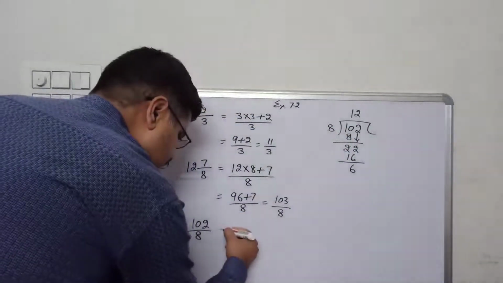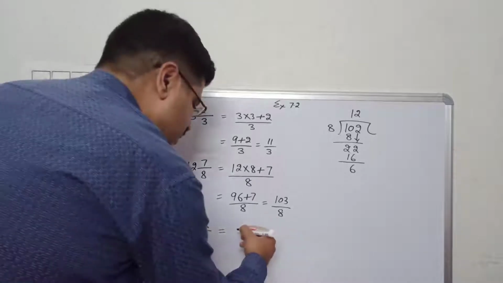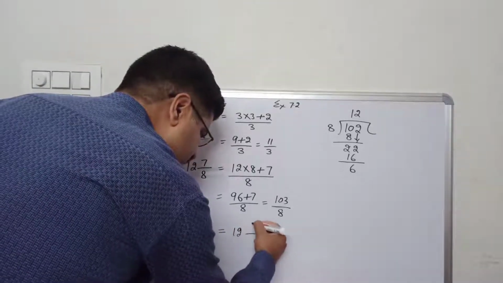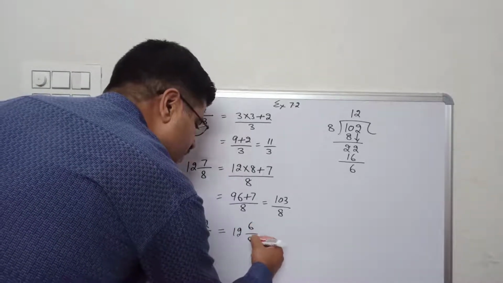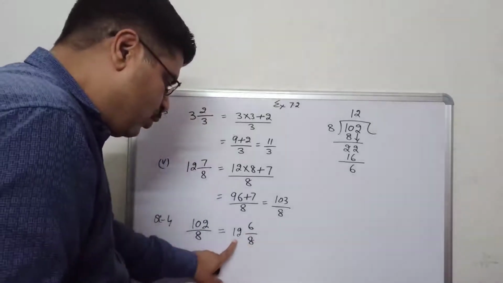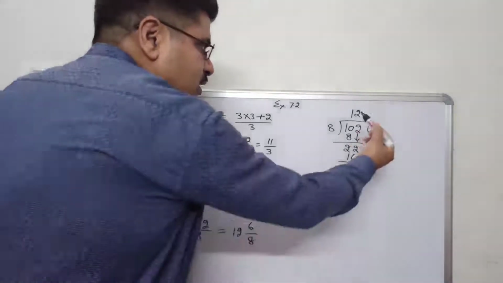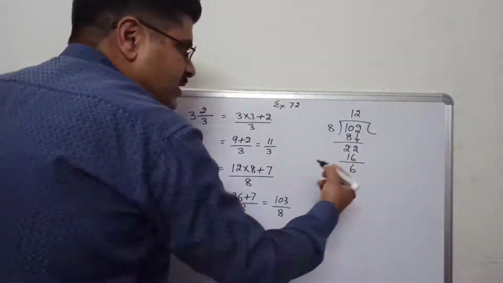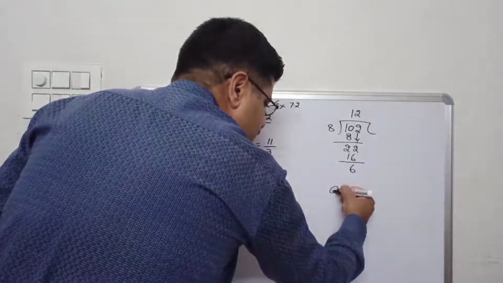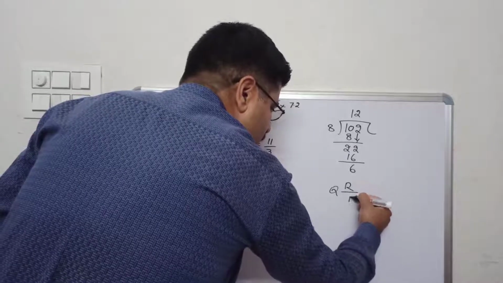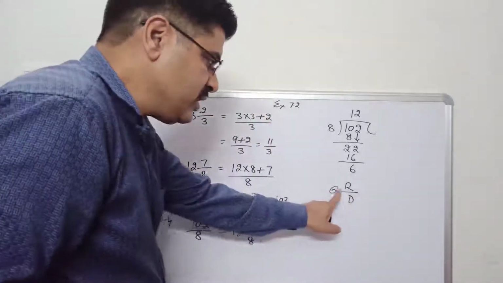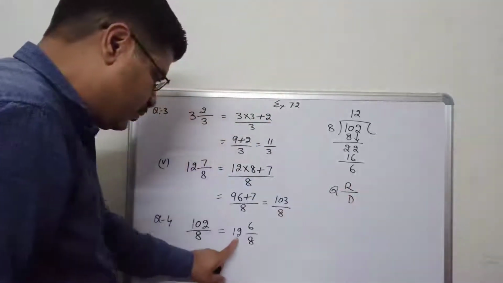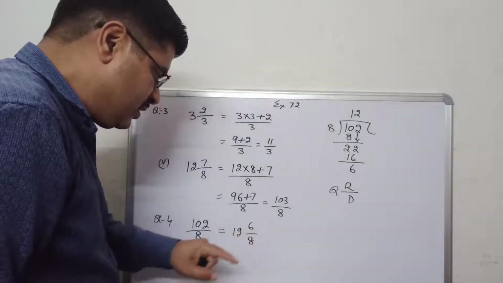So always we write it in the form of quotient, remainder upon divisor. So 12 whole 6 by 8. 12 is quotient, 6 is remainder, 8 is divisor. So this form we call QR upon D, quotient, remainder upon divisor.